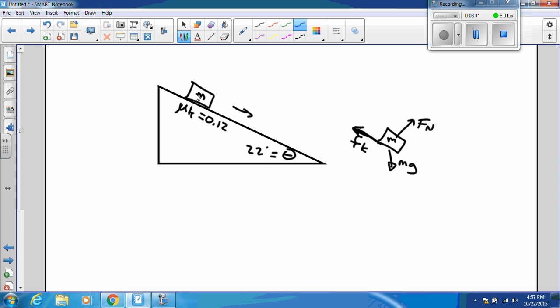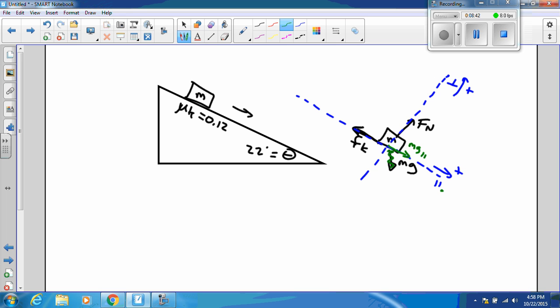All right, having done so, it seems clear that we want a rotated reference frame so that our force of friction, our normal force, and our acceleration will all point along the axis. This is the axis parallel to the plane. This is the axis perpendicular to the plane. And it makes a lot of sense to make these two directions be positive directions. Once we've done this, the only force that needs breaking into components is mg.